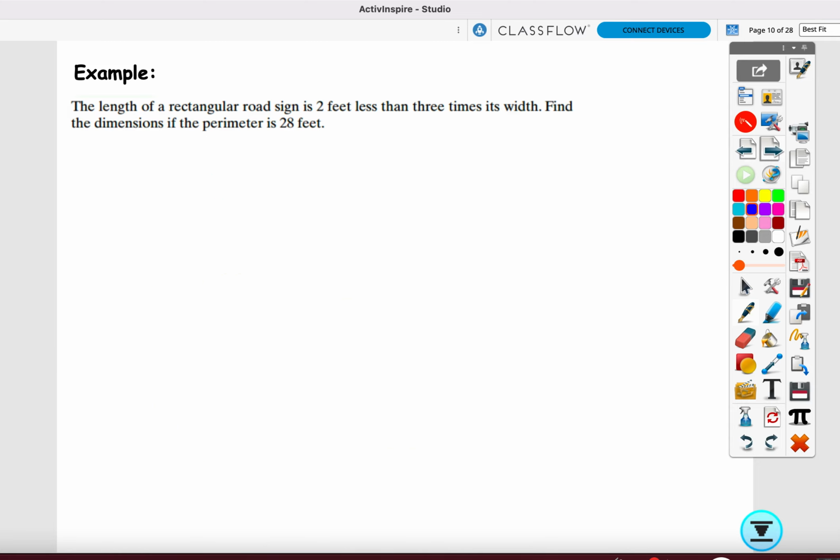So here's this example problem real quick. The length of a rectangular road. So this is a word problem. The length of a rectangular road is 2 feet less than 3 times its width. We want to find the dimensions if the perimeter is 28 feet.